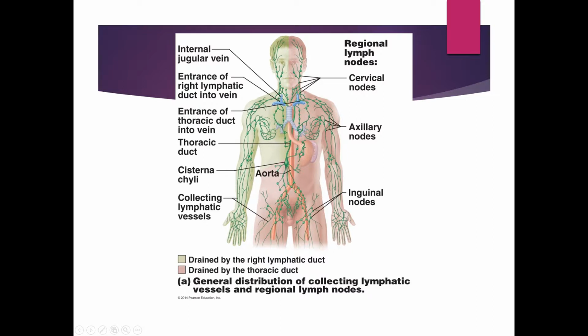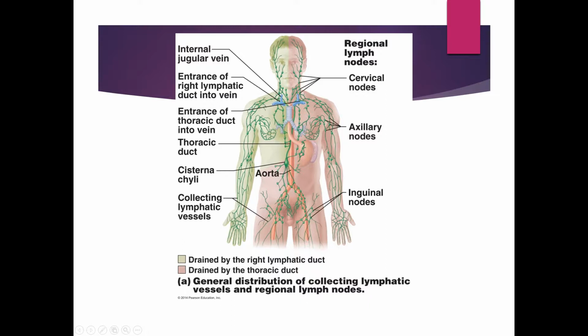All right, so this picture here shows how the lymph vessels return back to circulation. So we'll notice that the right and left sides of the body are not evenly divided as to lymph return. The upper right side of the body, so this thoracic region and then the head region and the arm region on the right side, will all drain into a vessel called the right lymphatic duct.